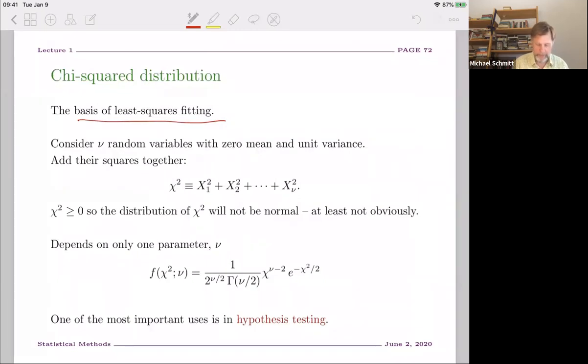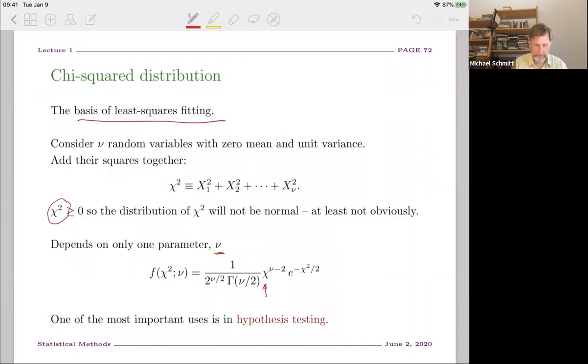Normal distributions go to minus infinity, right? The distribution of this quantity depends on nu, the number of things that you added together, and it has this form. This is the random stochastic variable that you're going to observe.